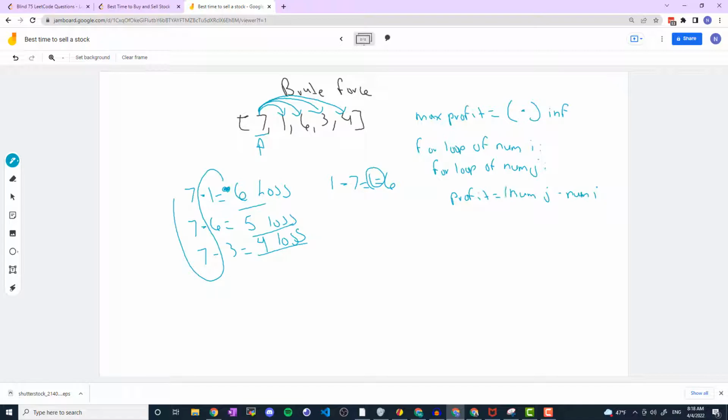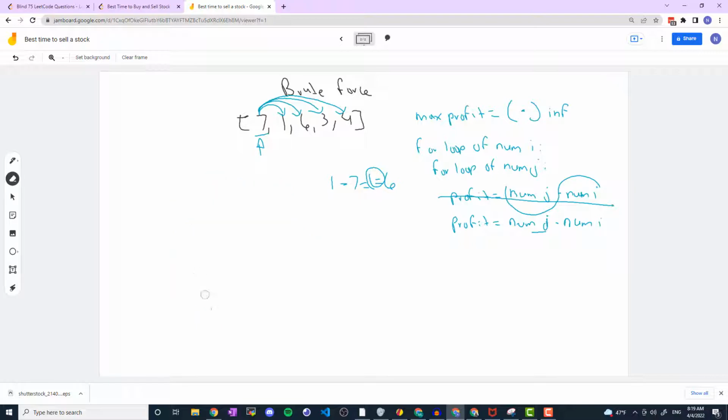So I'm going to turn this around. Okay, so let's crush this. Profit, num of i. Actually, I had it right. Num j. I just did the math wrong here on the side. Okay, num j minus num i, because num j is 1. 1 minus 7 equals -6. I just did the math here wrong.